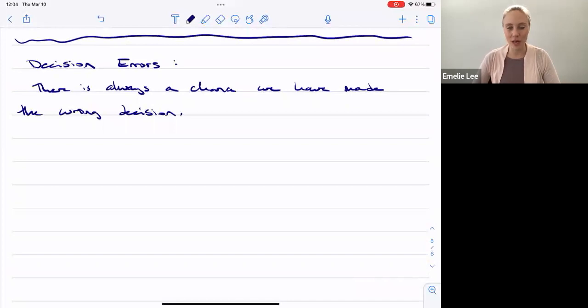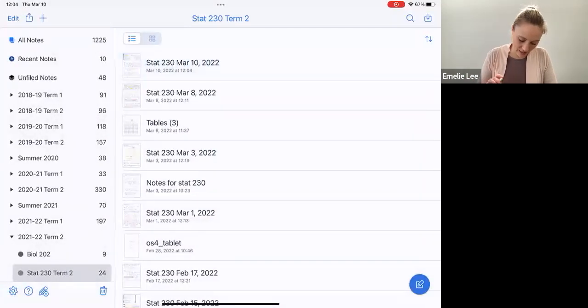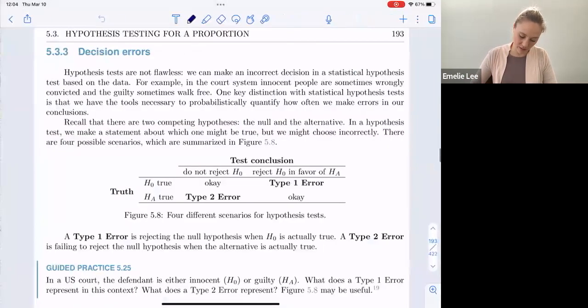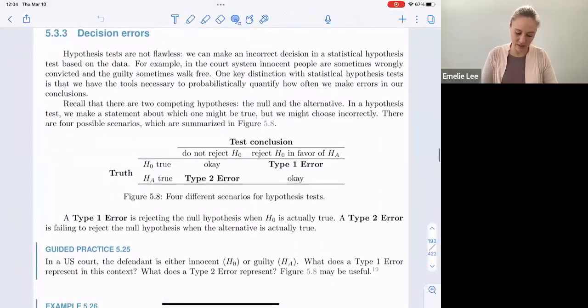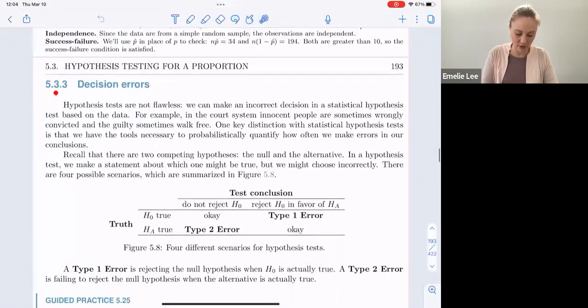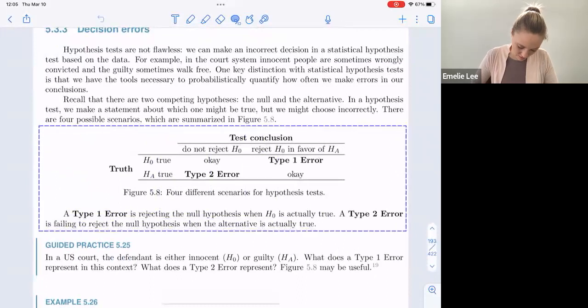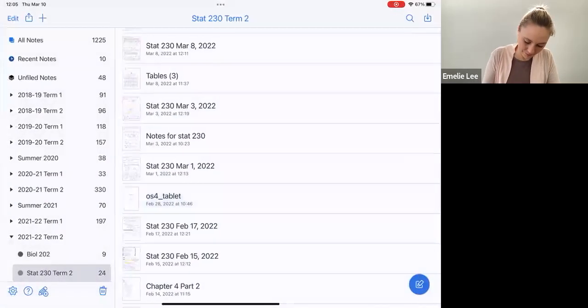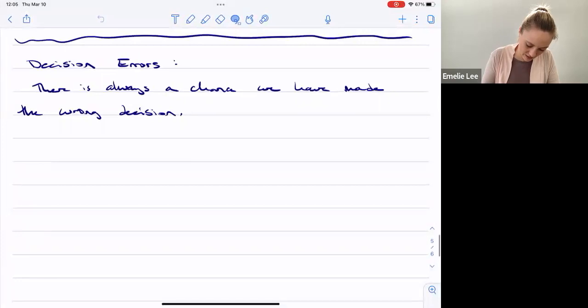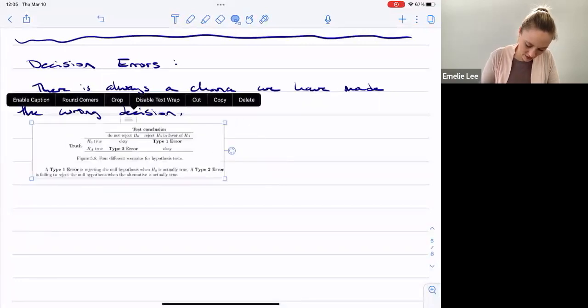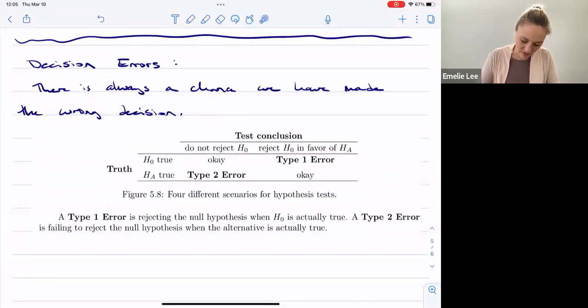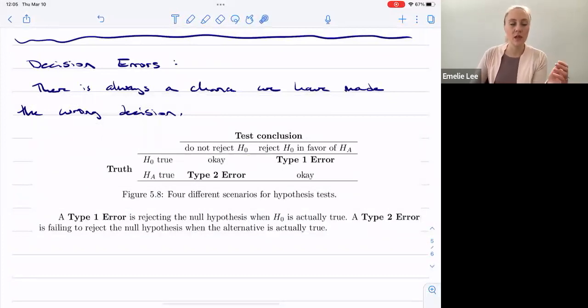And there are two types of decision errors, and they are really confusing in the beginning, at least for me. I find that if I use a table, and they have a table in the textbook, section 5.3.3 on decision errors, I'm just going to copy and paste it in. I usually just memorize some version of this table.